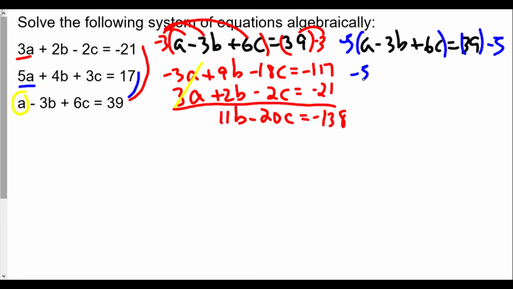We get -5a plus 15b minus 30c is equal to, well, 39 times 5, that's 195, so -195.